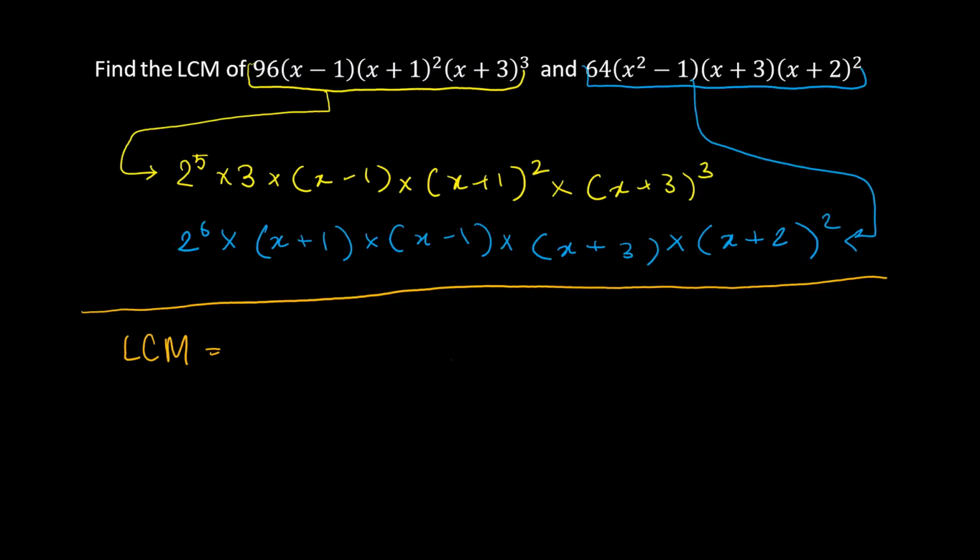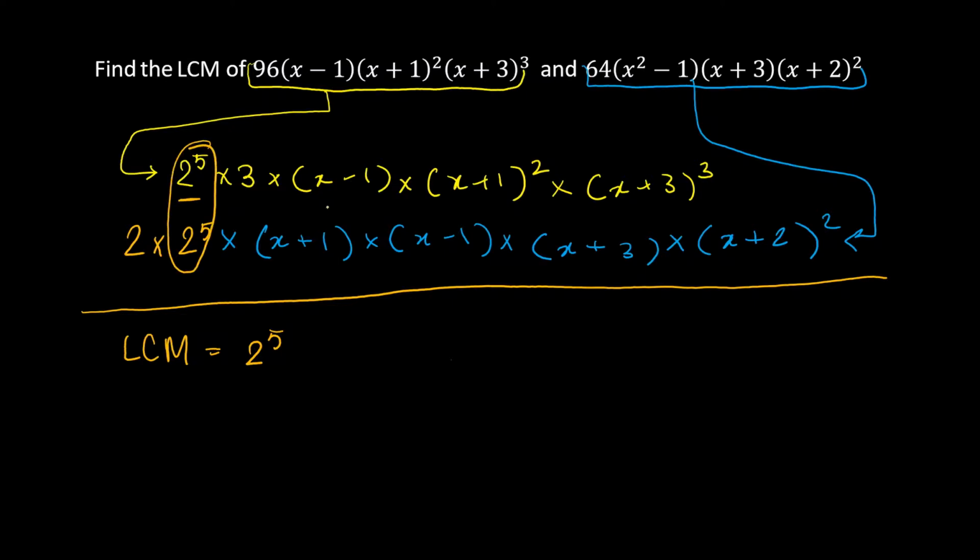Now to start, we have 2 power 5 common in both of them, right? 2 power 5 is common in both, but then there'll be an extra 2 here. So let me write it this way: I'll write 2 power 5 into 2. So 2 power 5 is common. I'll write 2 power 5 once, and this is done.